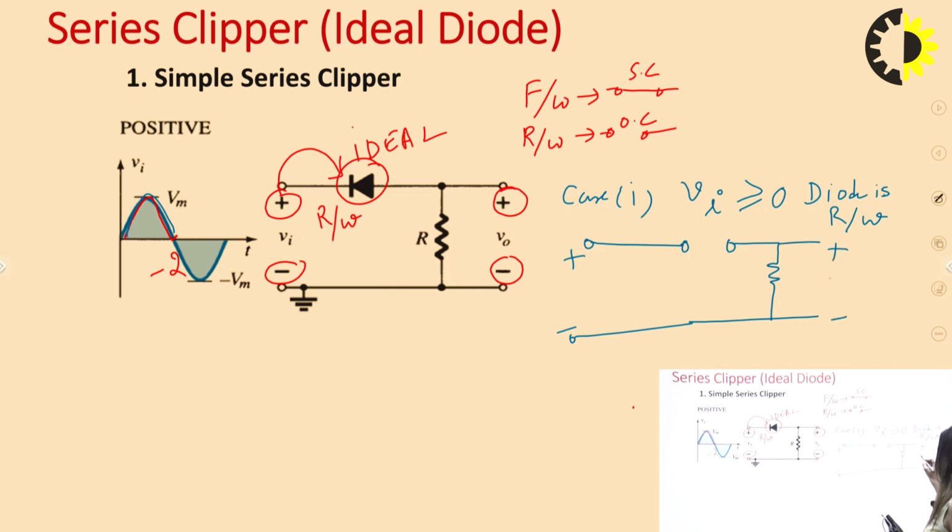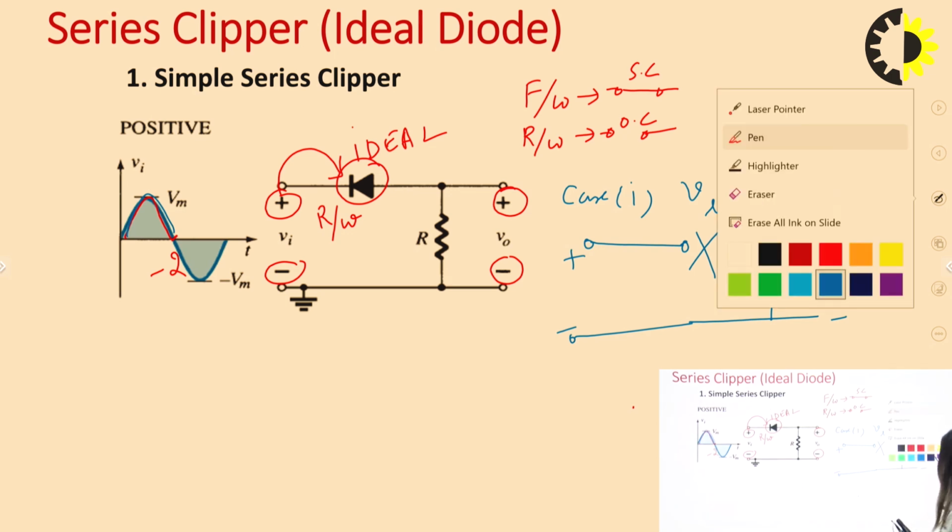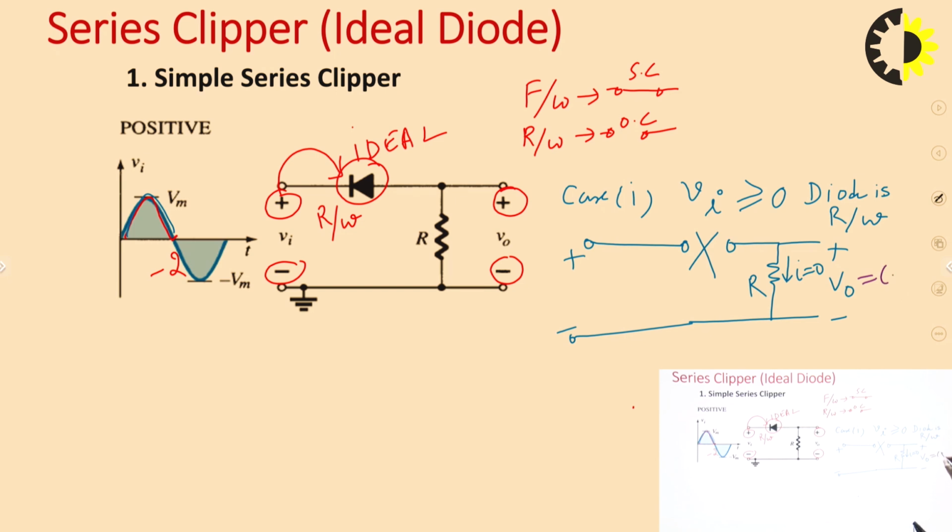Since this is open circuit, there would be no current across this resistance. And if there is no current, then obviously the output is going to be 0 volts.